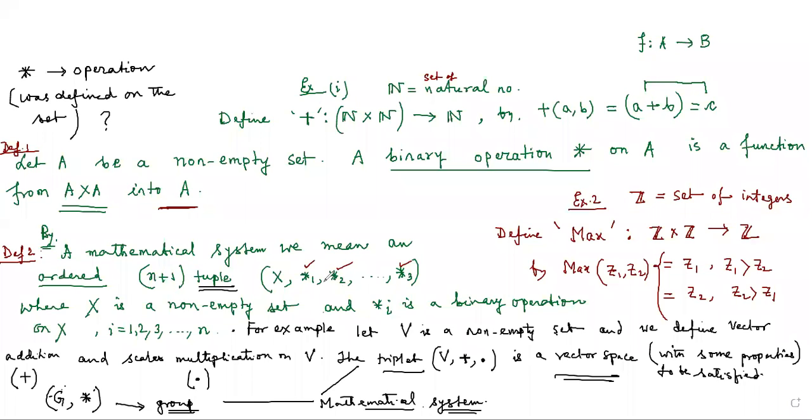It is because we have considered n binary operations, star 1, star 2, up to star n, each defined on capital X. So n items are present, and 1 extra item is also present, which is the non-empty set X. Therefore it is called an n plus 1 tuple and not an n tuple.